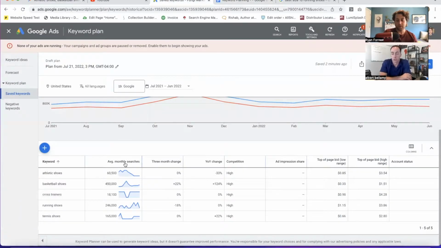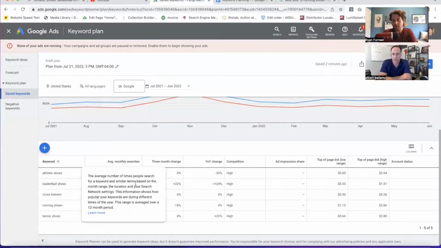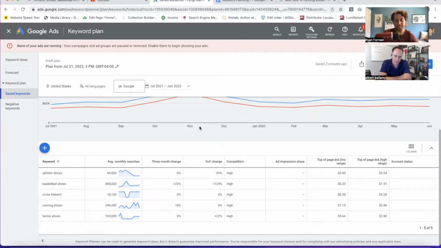The magic number is like 100,000 different keywords to capture the short tail and that long tail.